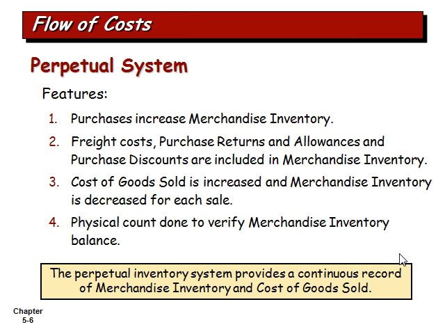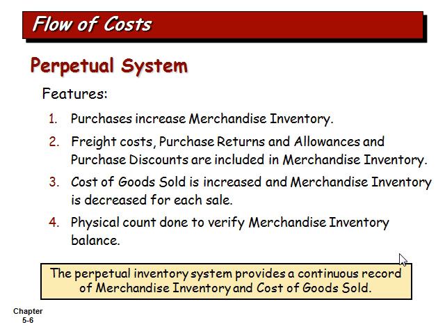A perpetual inventory system. When we purchase something, we increase our merchandise inventory account. Merchandise inventory is an asset account. It's a current asset account. Freight costs, purchase returns and allowances, and purchase discounts are included in merchandise inventory. And when we sell something, cost of goods sold is increased and merchandise inventory is decreased for each sale.